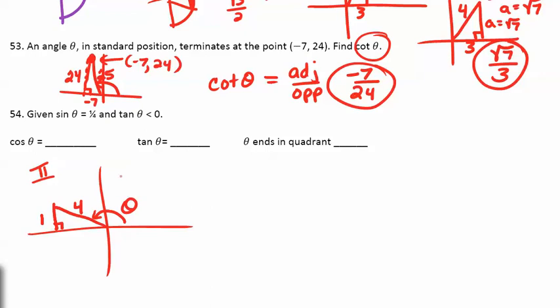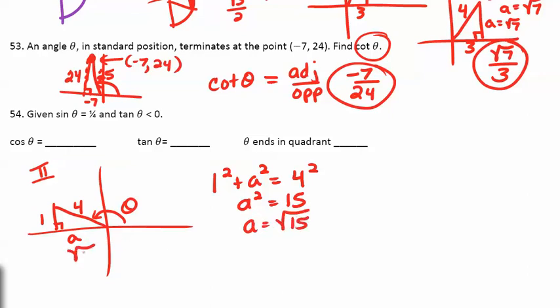So how do we find its cosine? Well, again, we do Pythagorean theorem. So 1 squared plus a squared, you could use any variable there, is equal to 4 squared. So 16 minus 1 is 15. So a is the square root of 15. And once we know that, then we can finish our question using SOHCAHTOA.